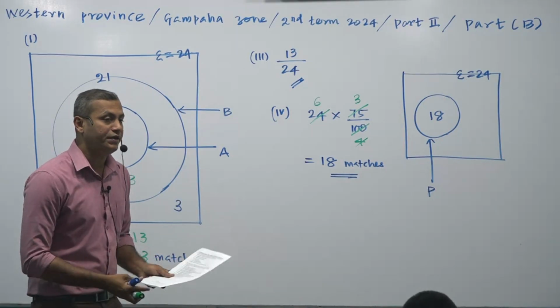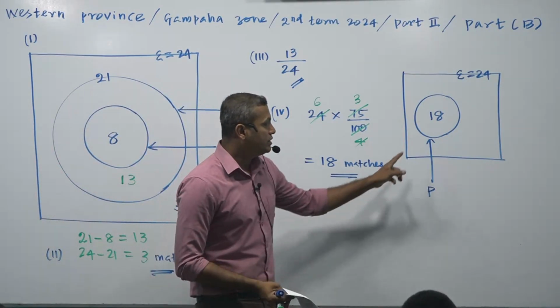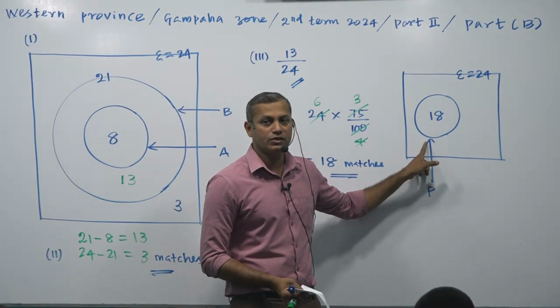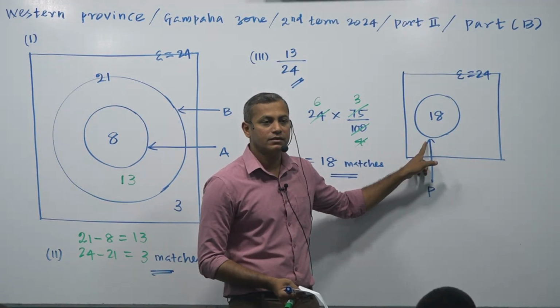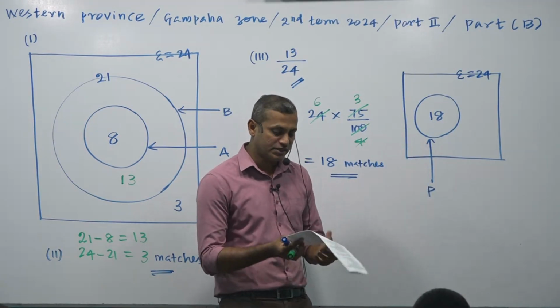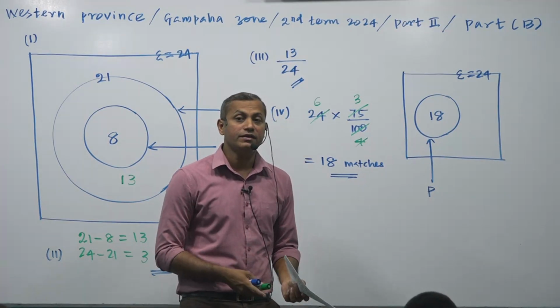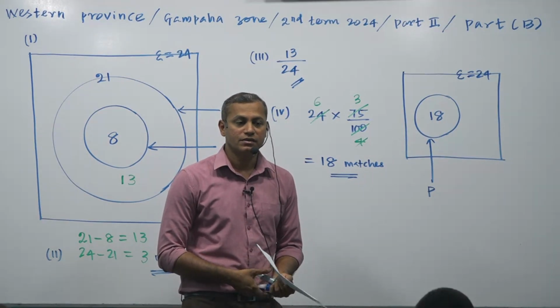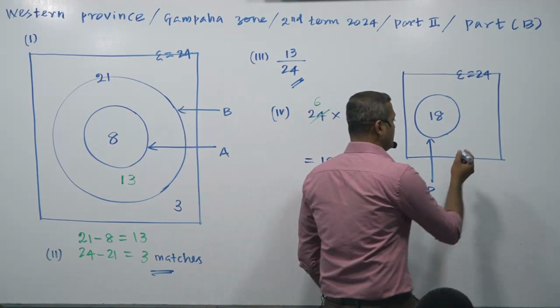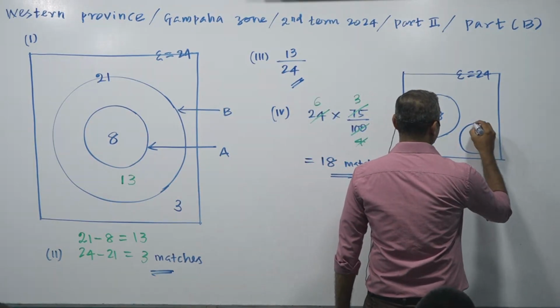Out of those 21, this is 0 to 79. 0 to 79, how many? 18 matches. Then how much will 80 to 99 be? Can you guess? So that should come in another circle. They are disjoint sets.